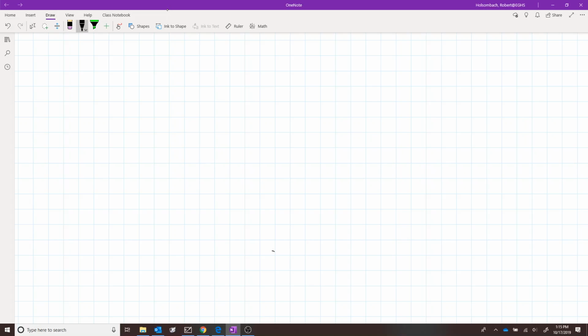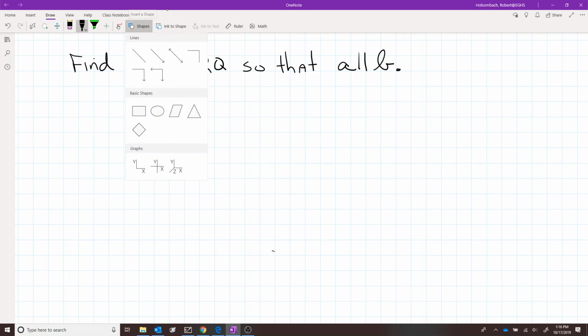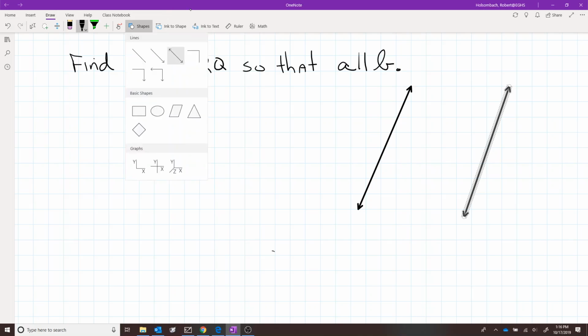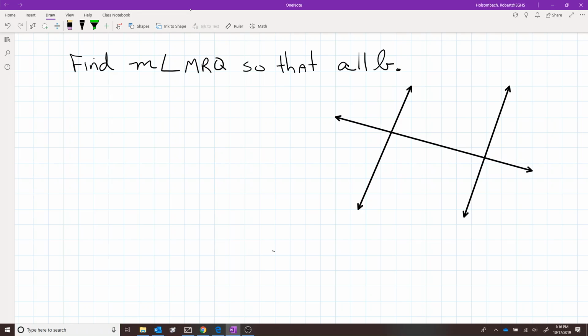Find the measure of angle MRQ so that A is parallel to B. And here's the diagram that you're given.